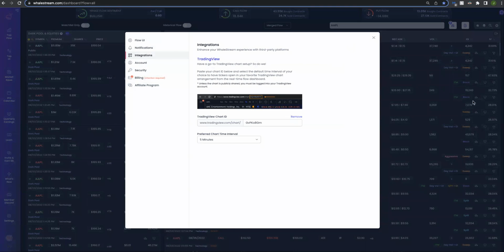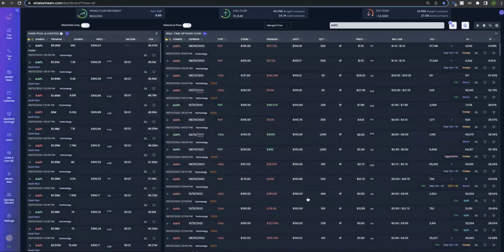When I open the TradingView chart from the WhaleStream platform, as long as I pasted my URL in here, and you choose your preferred chart time interval, it'll open in that manner as well. And if you don't do that, it'll open the free version of TradingView. This works if you have a TradingView account and you have your own settings and you paste that chart setup.